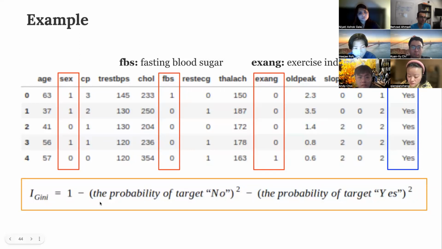The question is, which of these 3 features should I choose to start? That would give me the minimum Gini impurity.